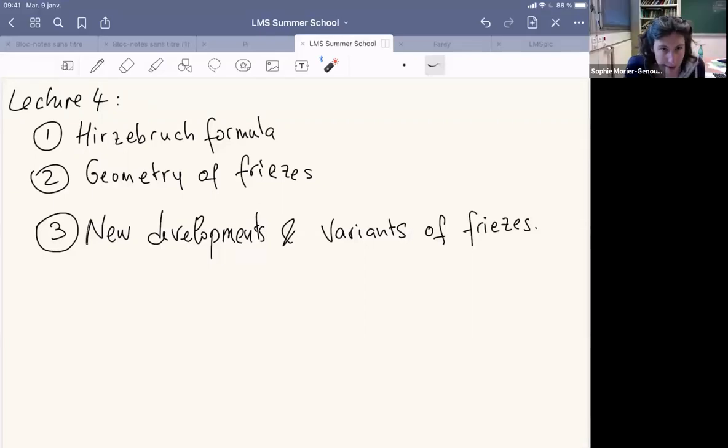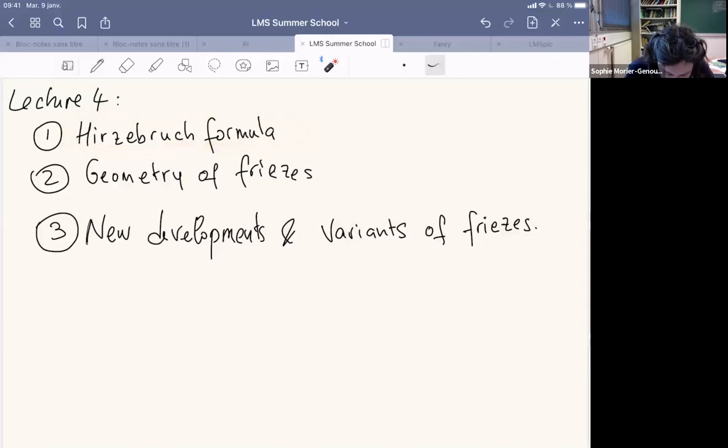Okay, as I said earlier this morning, for this last lecture, I want to go back to things that were kind of left on the way. At some point, we mentioned the Hirzebruch formula.